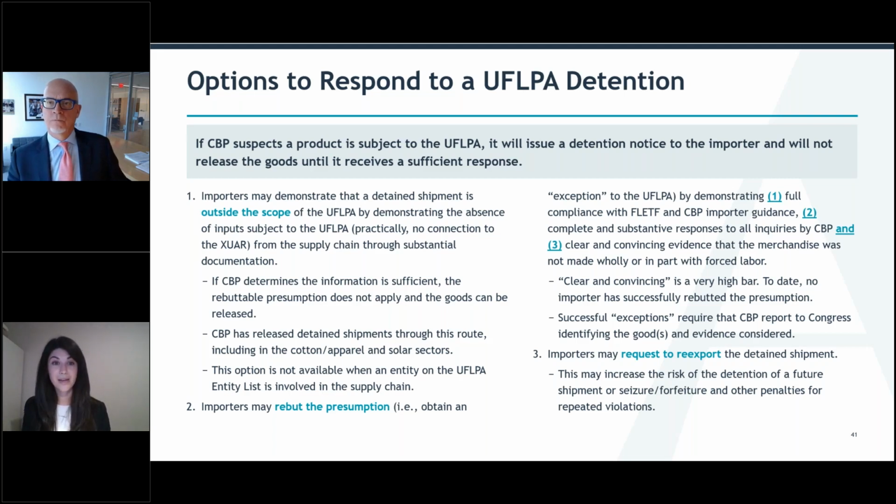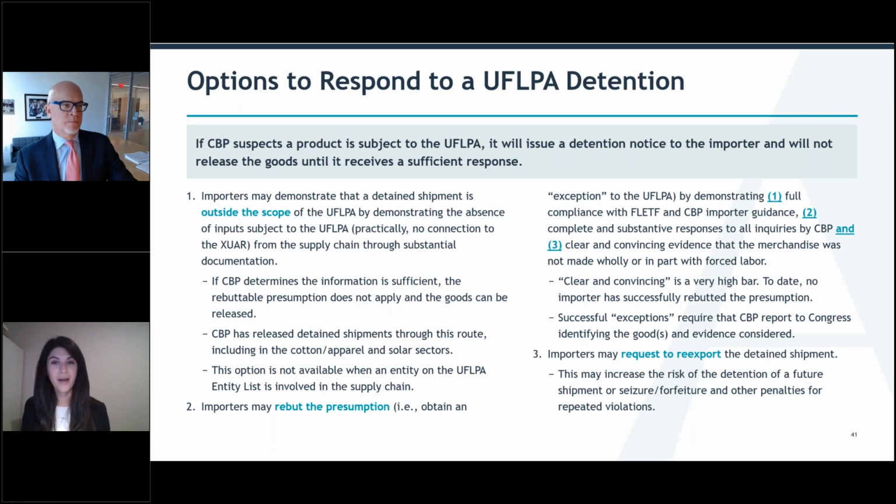Second, importers can attempt to rebut the presumption and argue that even if the goods do have a connection to the XUAR, that no forced labor was used during their mining, manufacturing, or production. But I'd emphasize here that actually no importer that we are currently aware of has successfully met this bar. And so even though you technically can attempt to rebut the presumption, it's extremely unlikely for that to be successful.